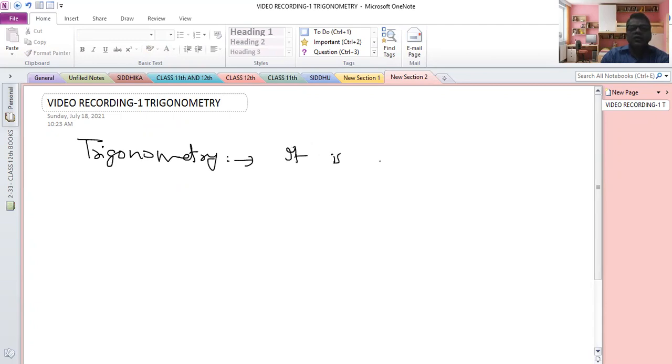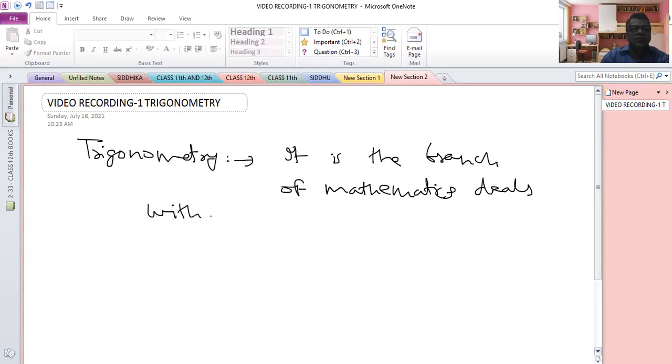It is the branch of mathematics that deals with angles and sides of a triangle.